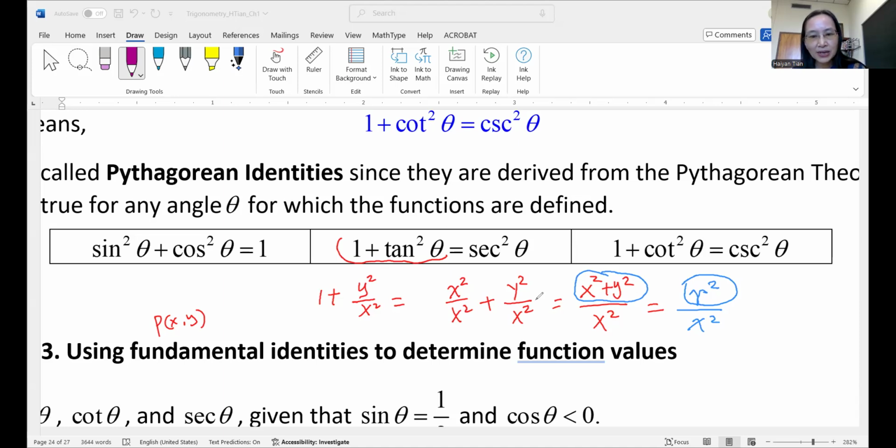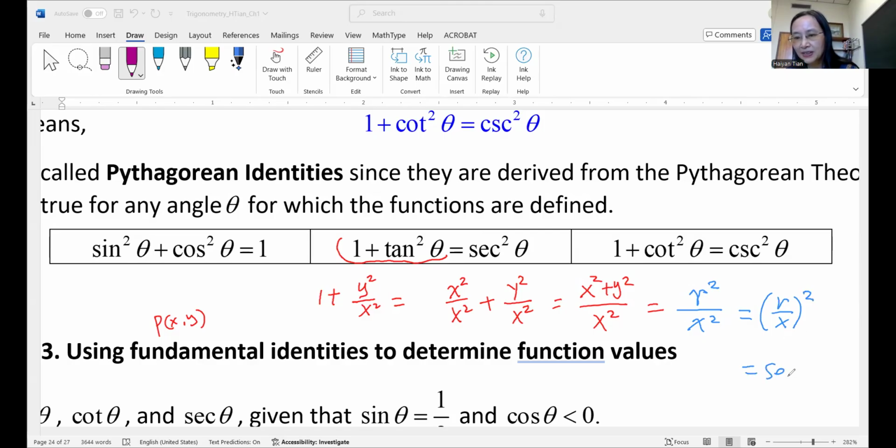So we apply the Pythagorean theorem to derive this identity. That's why this is called a Pythagorean identity. Now in the derivation, you see r over x is the secant function. So this is the secant function squared.